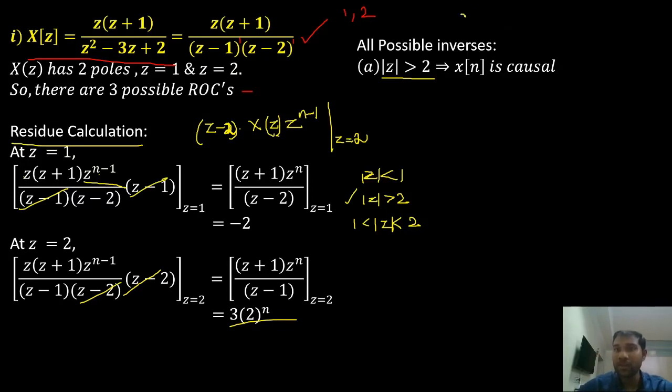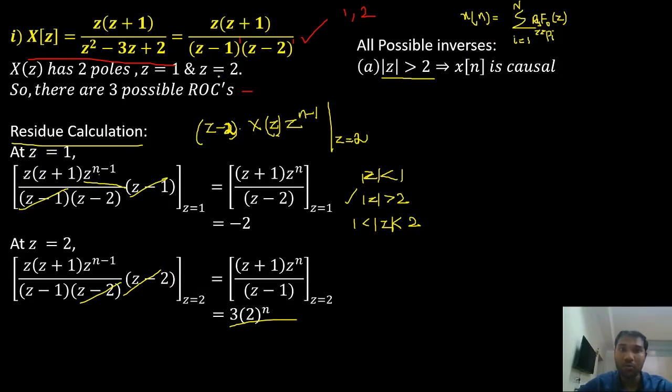Now, what is the formula for x of n when the signal is right-sided, according to the residue method? It is the summation over i equals 1 to N of the residue of F naught of Z at Z equals Pi. Here how many poles do we have?